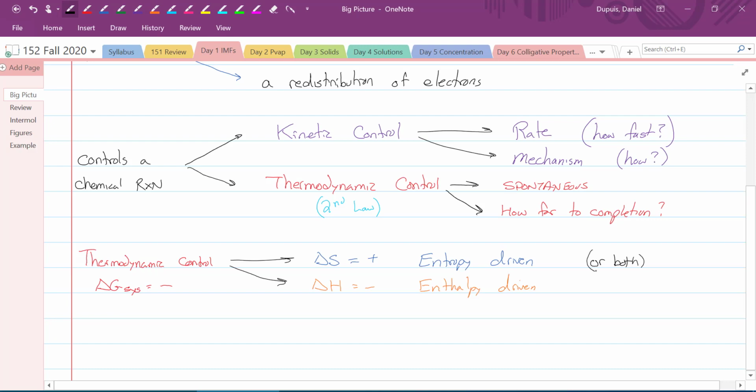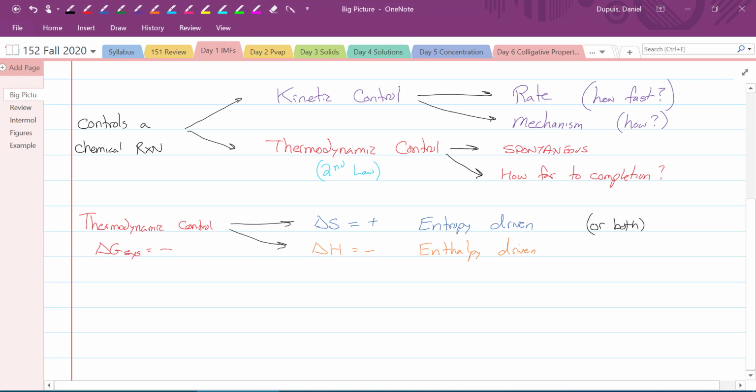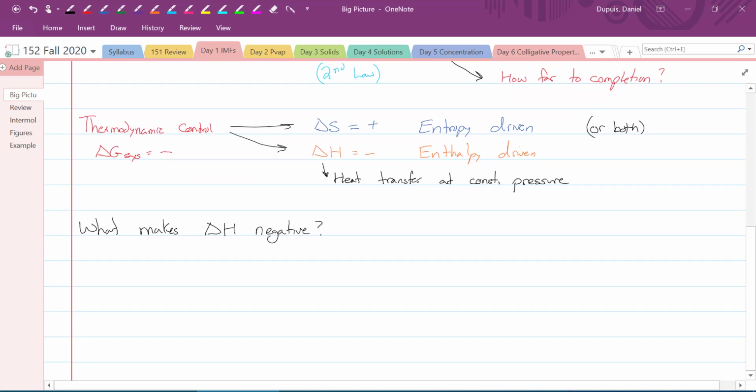All right, so what is delta H? If you remember, delta H is heat transfer at constant pressure. So my question is, what makes delta H negative? What do I mean by delta H negative?